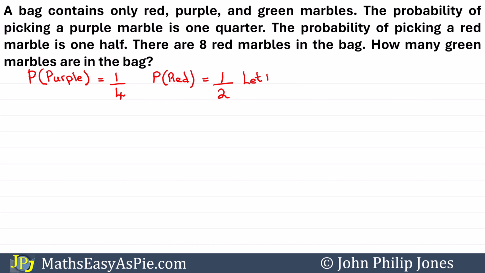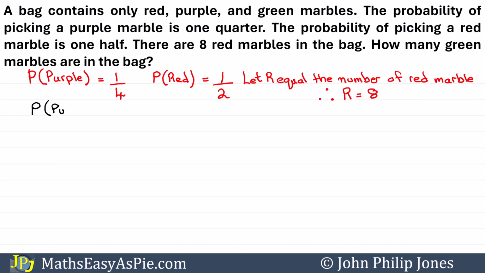Let R represent the number of red marbles in the bag, and we can see therefore from the question that R equals 8. The probability of picking a purple marble plus the probability of picking a red marble plus the probability of picking a green marble will equal 1.